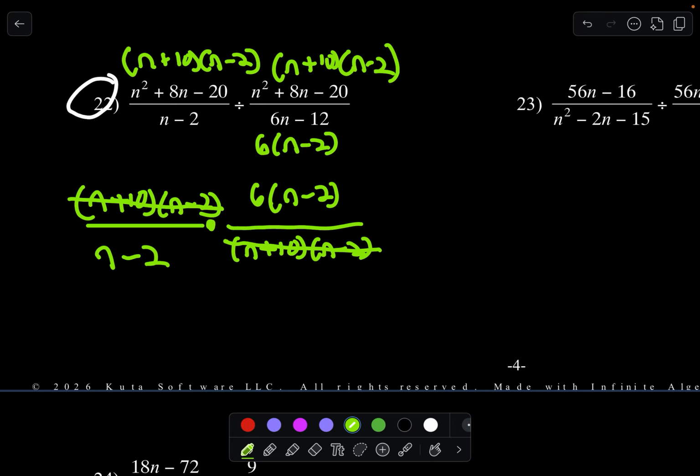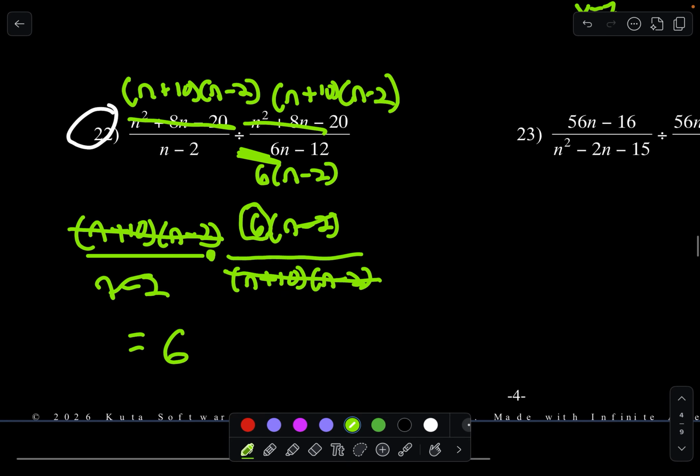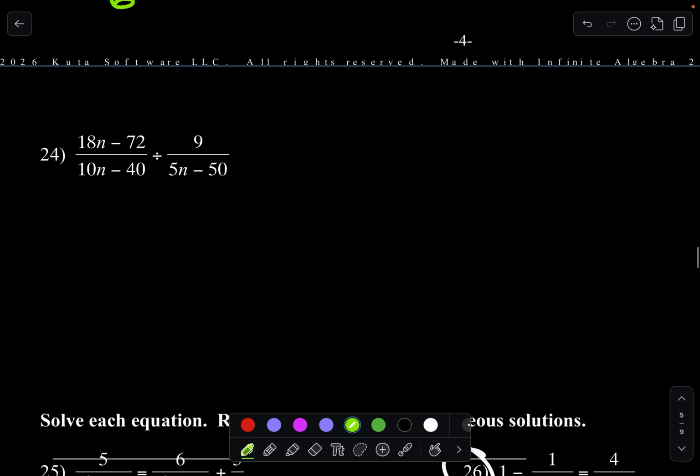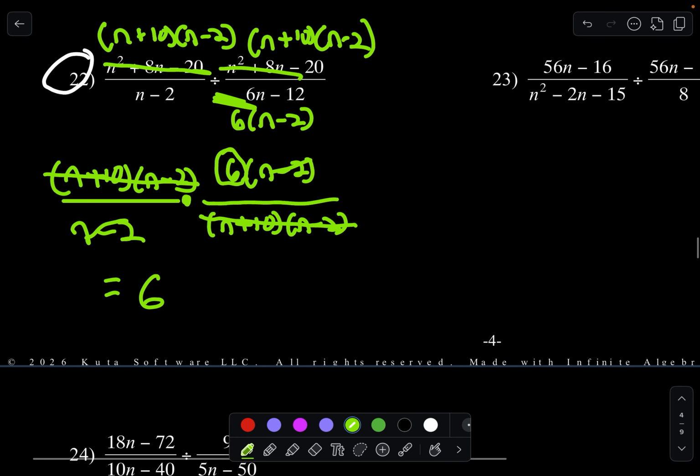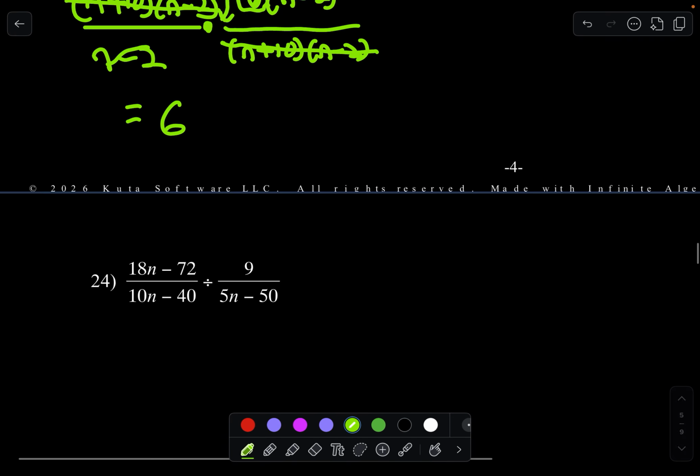I could have seen this if I remembered that this thing gets flipped upside down. The n minus 2's go away, and it looks like the answer is just 6. It's just this that's left over. Wow. Okay, and that was 22. Again, the trick was to turn division into multiplication by multiplying by the reciprocal.